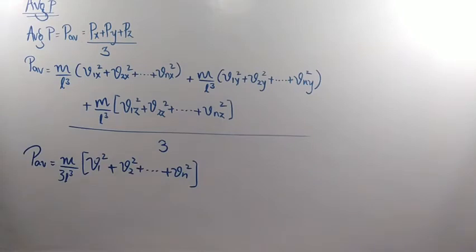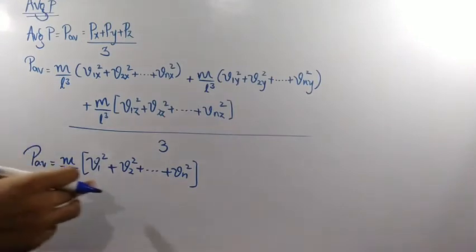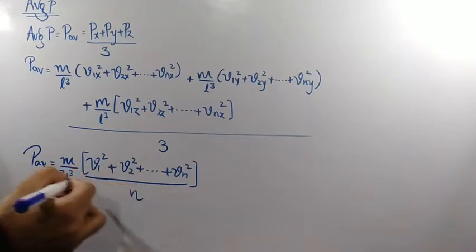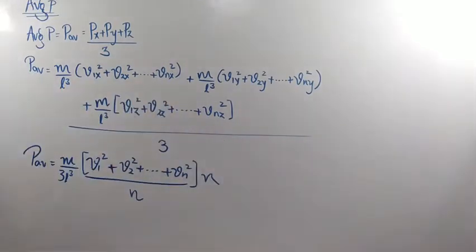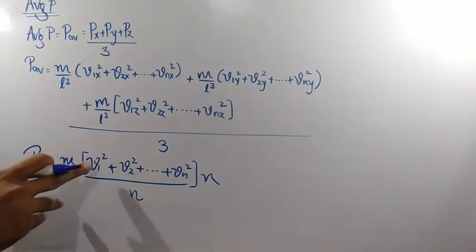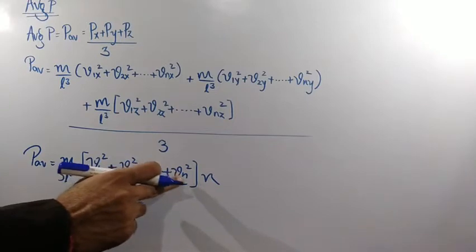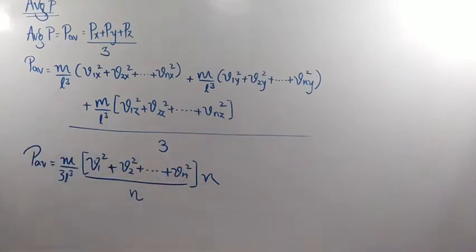Clear? Now for this quantity, if I divide with n and multiply with n, what are we going to get? Listen. This term is V1 square plus V2 square plus so on Vn square, whole divided by n.